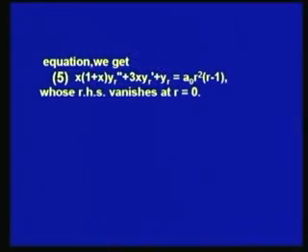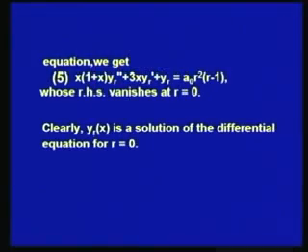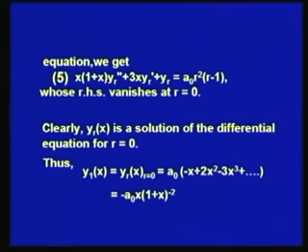So we can see here that the right hand side of this equation vanishes at r = 0, and thus y_r(x) is a solution of the given differential equation for r = 0.